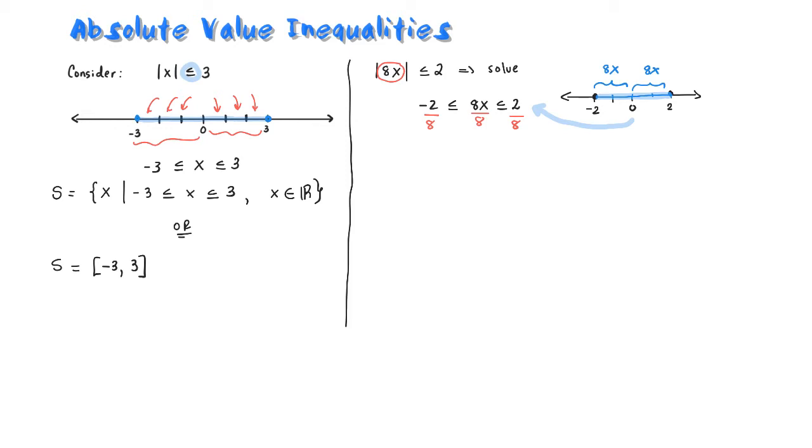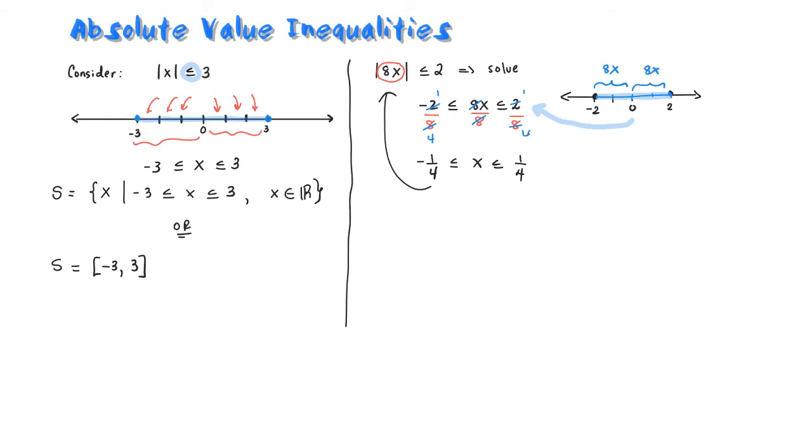Now in this case, the 8s will divide each other out, and here you can simplify. This will be 1, this will be 4, same thing over here, 1 and 4. And now what you found is that x has to be between 1/4 and -1/4 for this to be true.